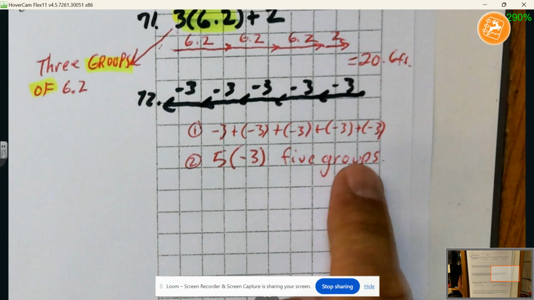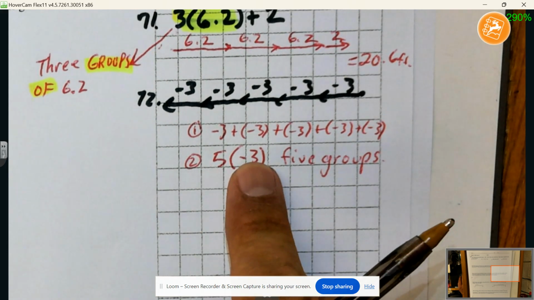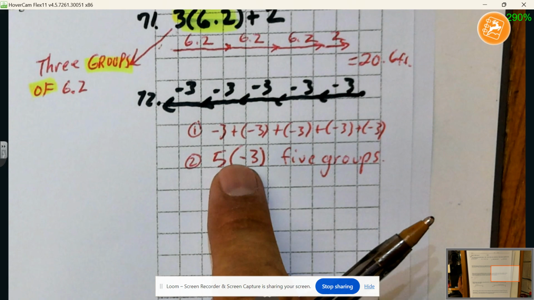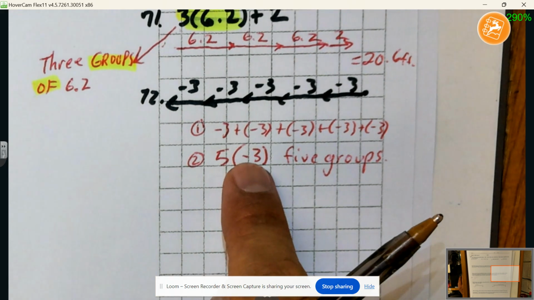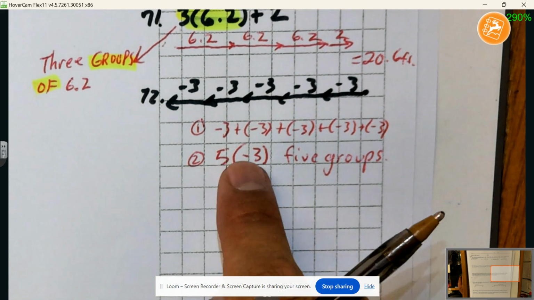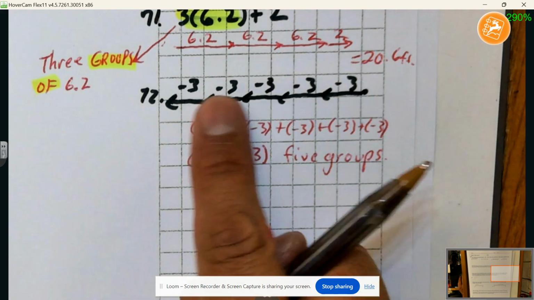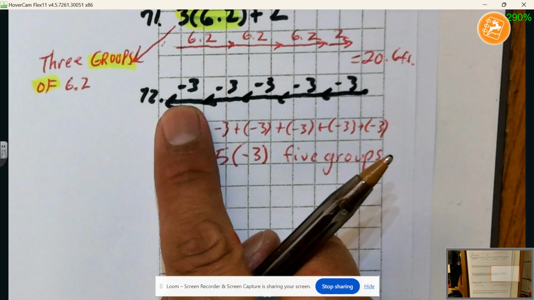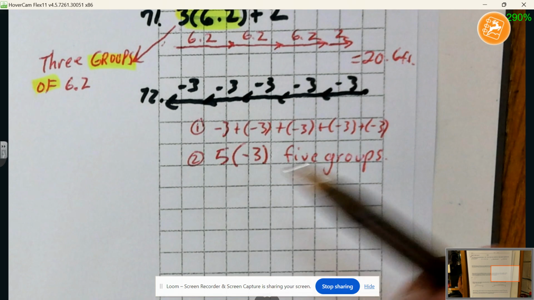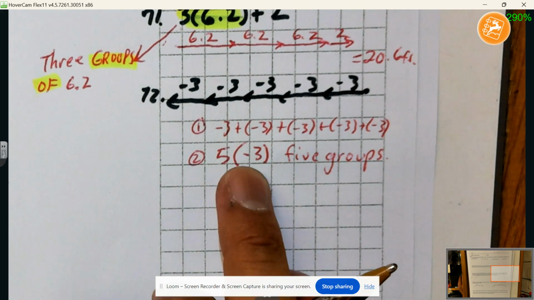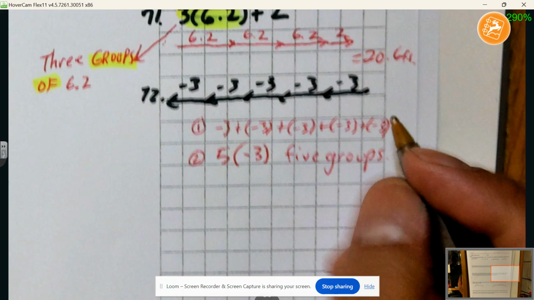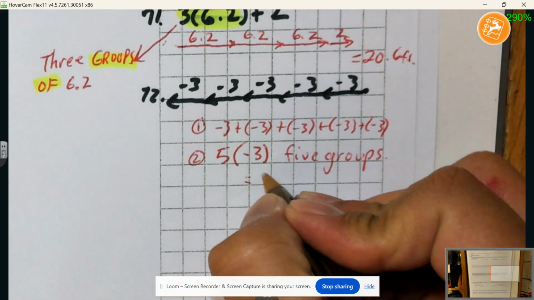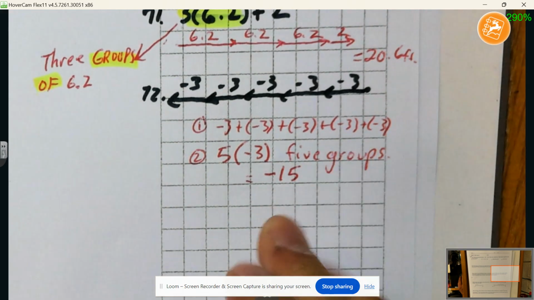So that means when we're drawing 5 groups of -3, you'll still get the same product as if you switch those numbers, but this diagram specifically says we're doing 5 things. We're doing 5 moves, and we're doing -3 every single time. All right, and how far has he gone? He has gone -15 in the end.